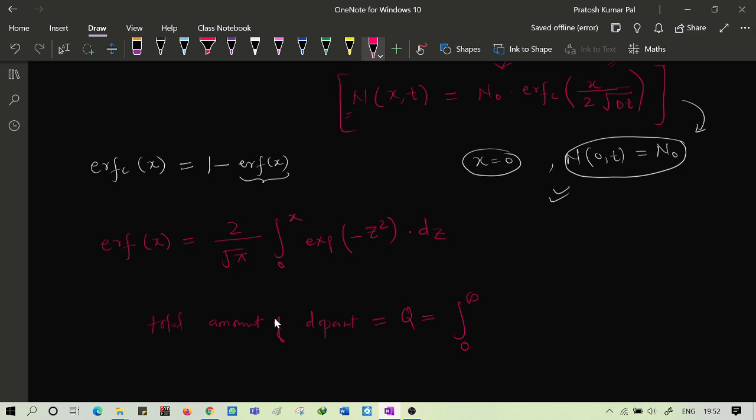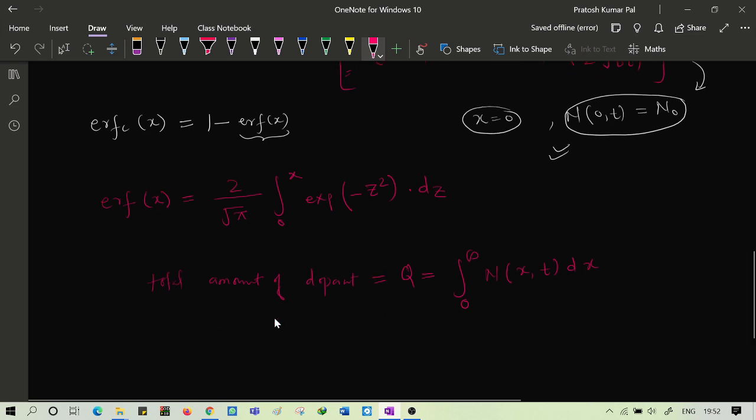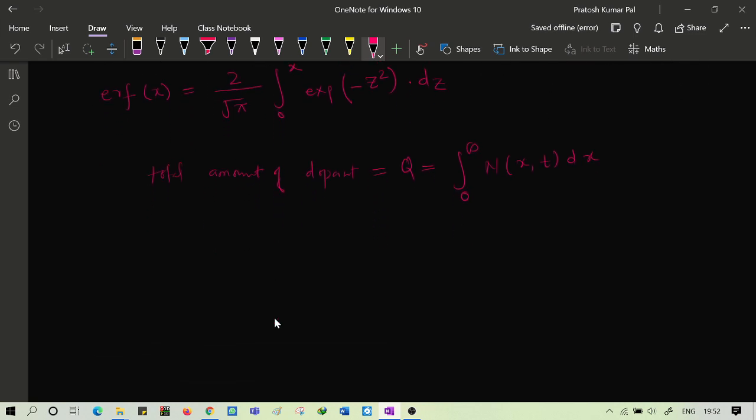With respect to x and t, this concentration varies, so the total amount of dopant will be the integral from 0 to infinity of N(x,t) dx. With respect to x, we will be integrating this equation, and from here we can get the value of the total amount of dopant available.